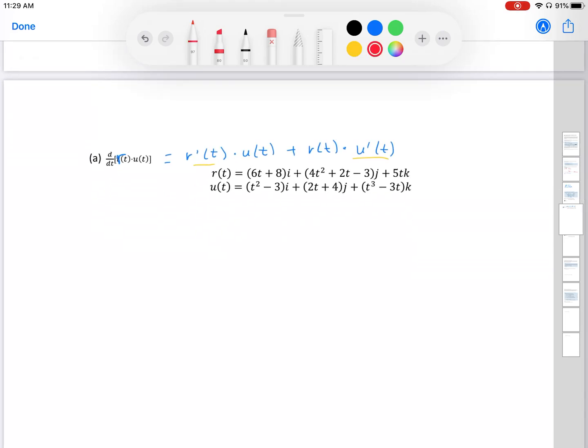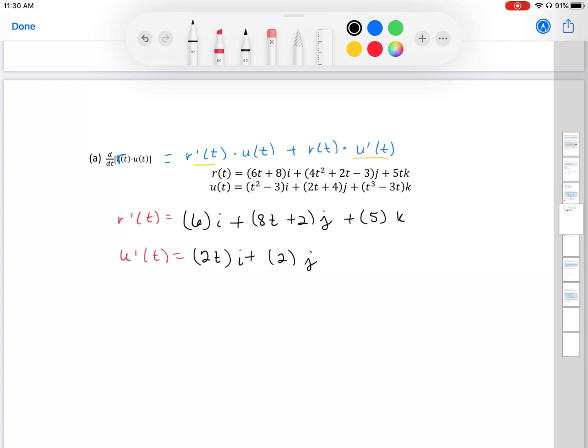So r prime of t is equal to 6i plus (8t plus 2)j plus 5k. u prime of t is equal to 2t, I forgot the i, 2t i plus 2j plus (3t squared minus 3)k.